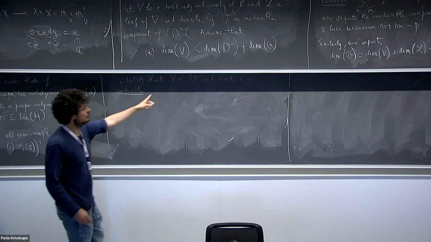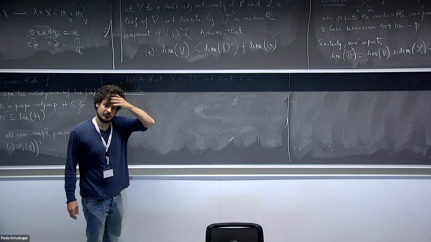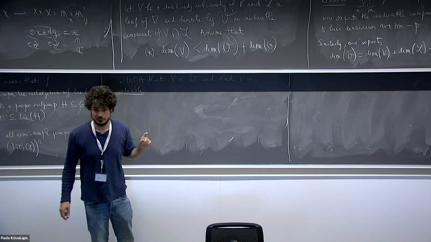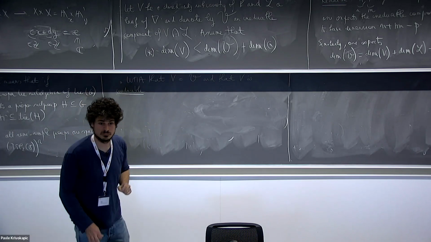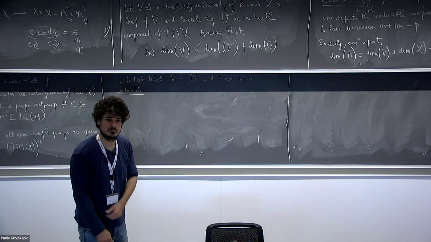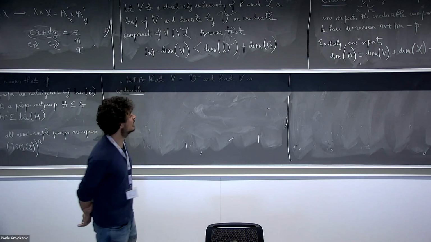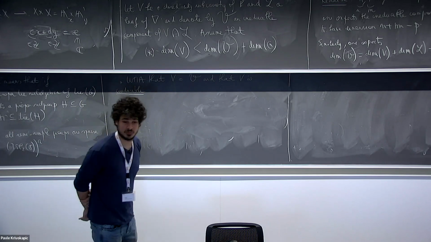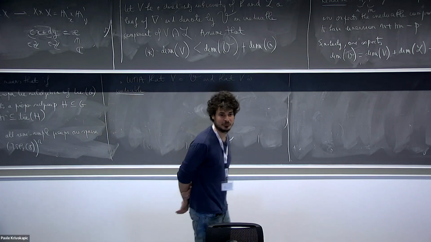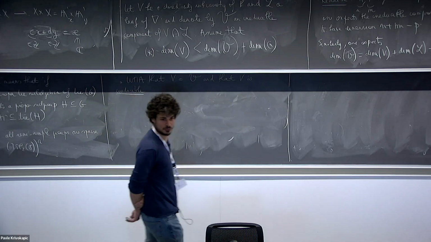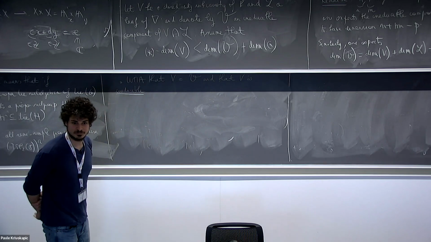Yes, so the Zariski closure. Yeah, you can assume that V is irreducible in the first place. Usually when I say subvariety, I don't assume irreducible.